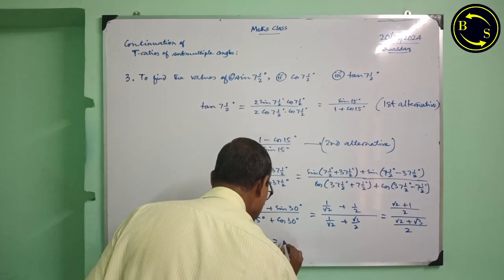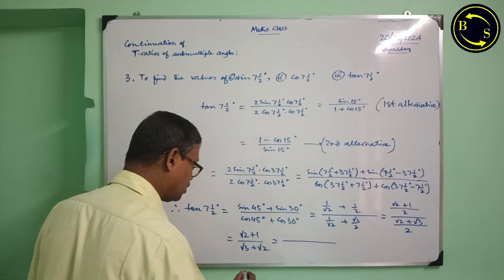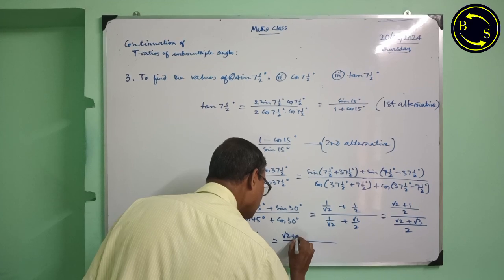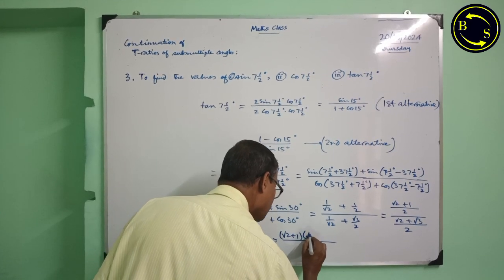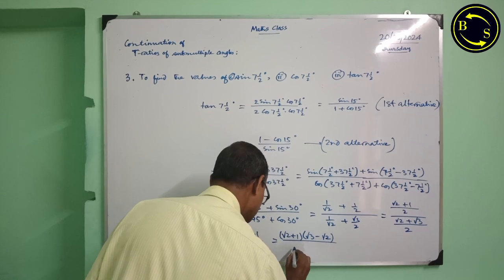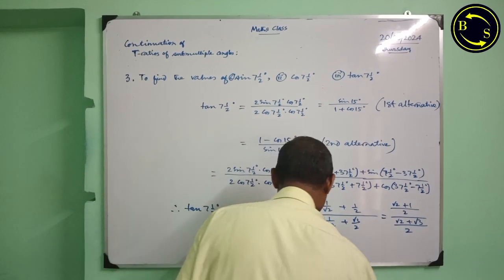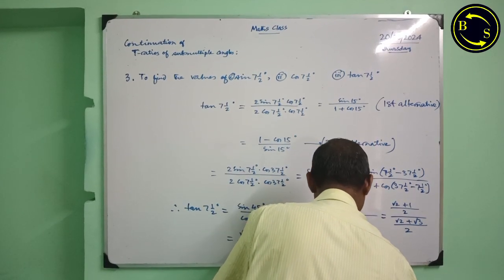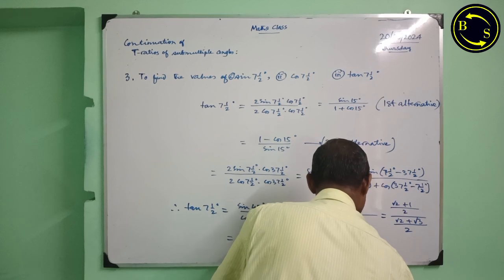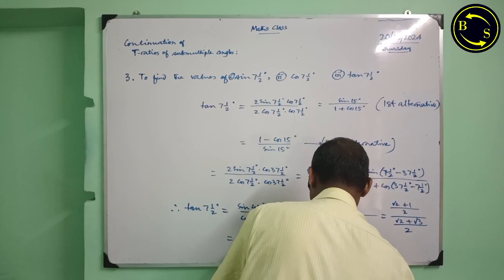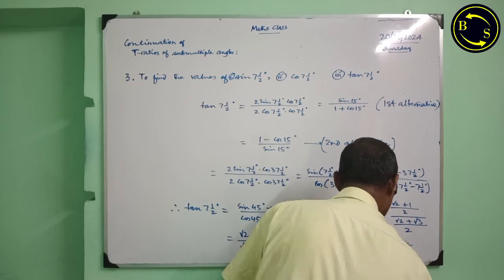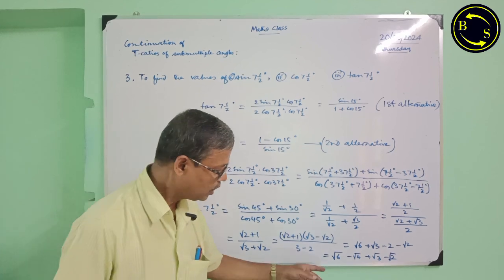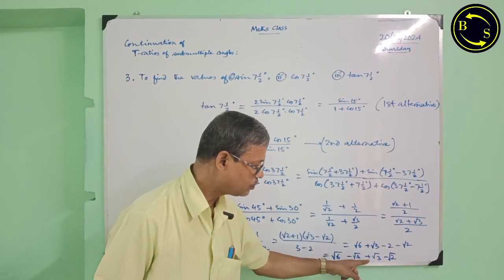Now we rationalize this one. The denominator is rationalized by multiplying root 3 minus root 2. Root 6 plus root 3 minus 2 minus root 2. Actually the value will be root 6 minus root 4 plus root 3 minus root 2.